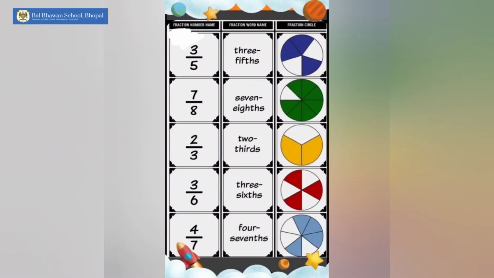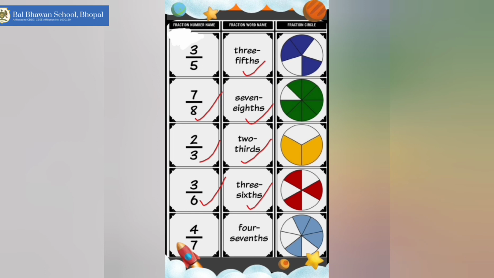So 3 upon 5 will be read as three fifths, 7 by 8 as seven eighths, 2 upon 3 as two thirds, 3 by 6 as three sixths, and 4 by 7 as four sevenths, using ordinal numbers in the denominator.